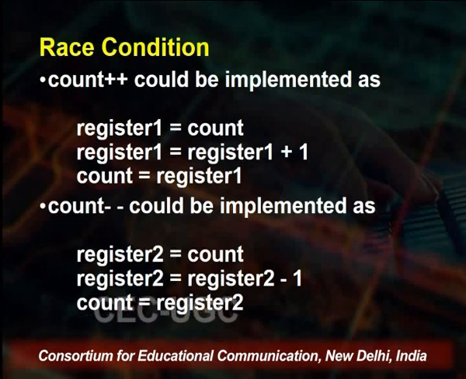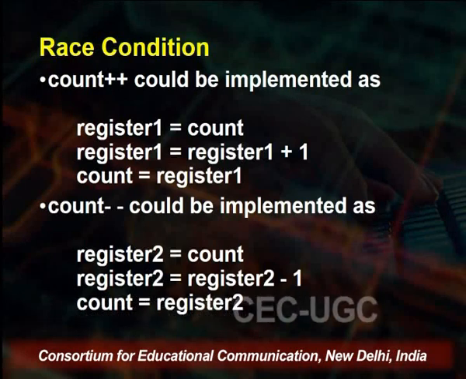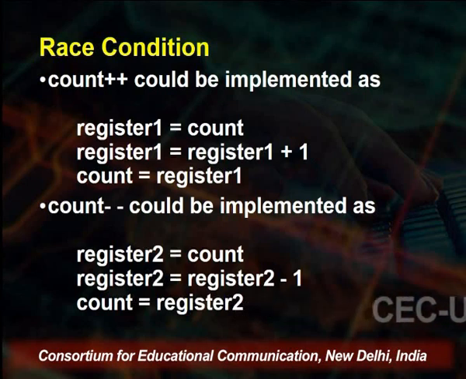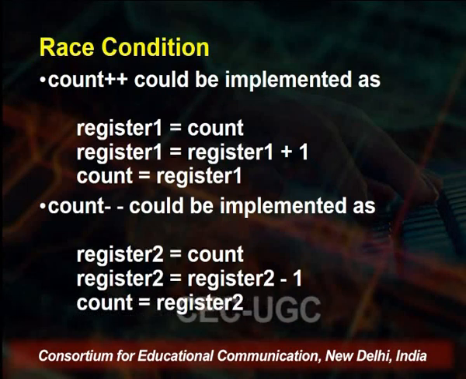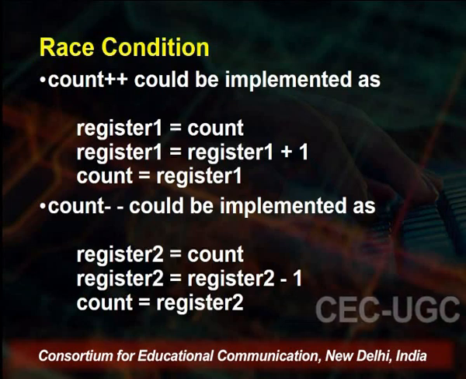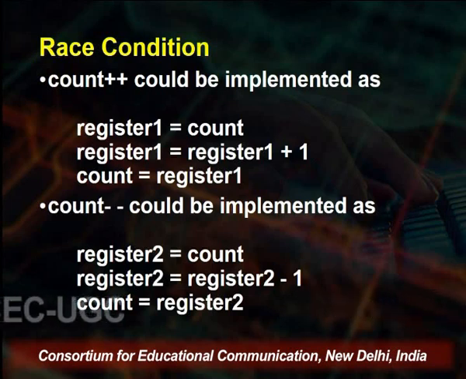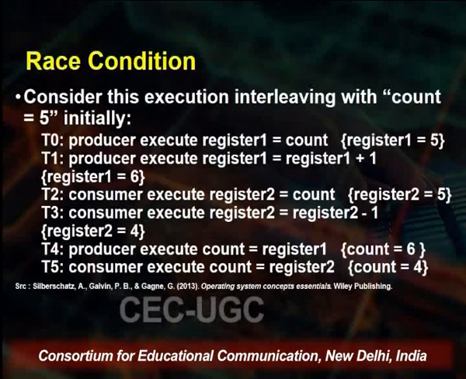So the value of count is increasing by 1. Likewise, count minus minus is also implemented using registers. We copy the value of count into register 2, decrement the value, and then copy the value of the register back into count. So the count becomes 1 less.